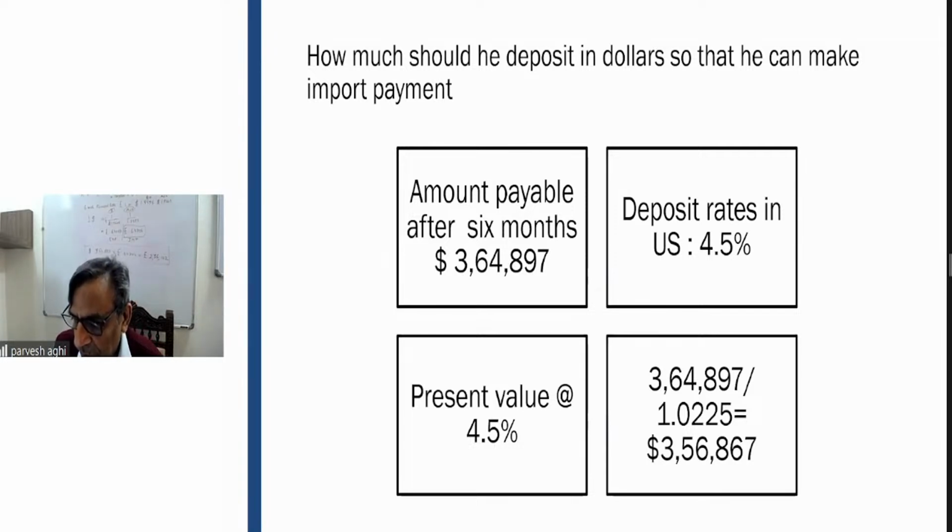So he deposits $3,56,867 for 6 months at 4.5%, and this will become 3,64,000, so that he can pay this amount to his foreign supplier. So this much in dollars he should deposit.